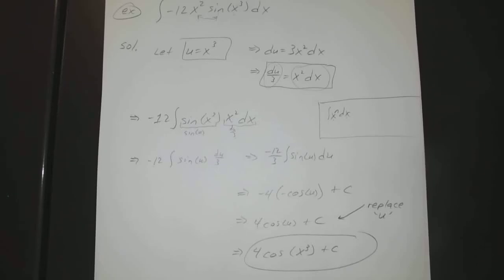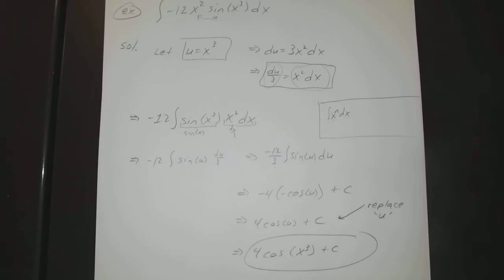I understand that. That's why I'm confused, because you're turning an x to the power of 2 into du. Oh, we're just swapping one equivalent value for another.